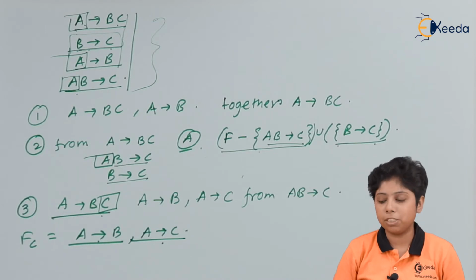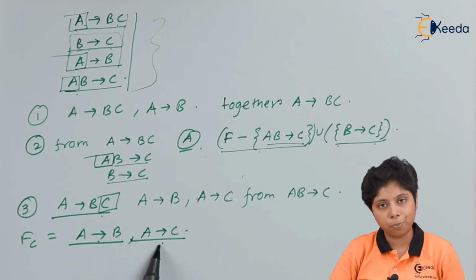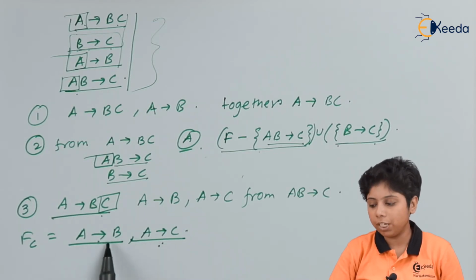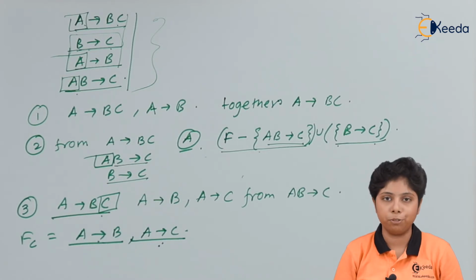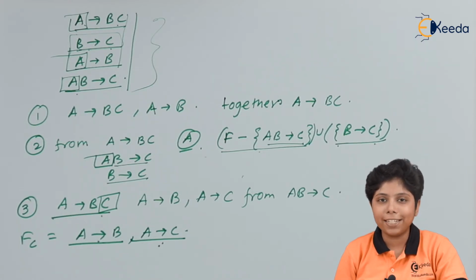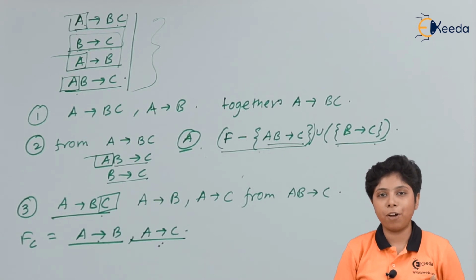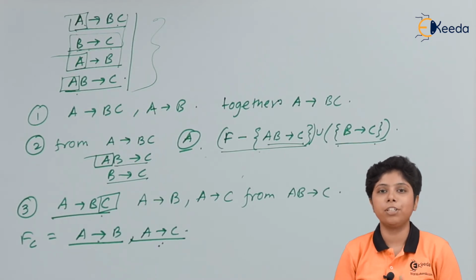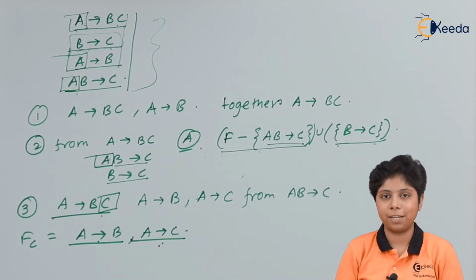That means all the functional dependencies are preserved and we have no extraneous attribute. Now we can say that the canonical cover does not have a unique solution. We will see an example where we can define two canonical covers from the same set of relations F. Let us select this example.